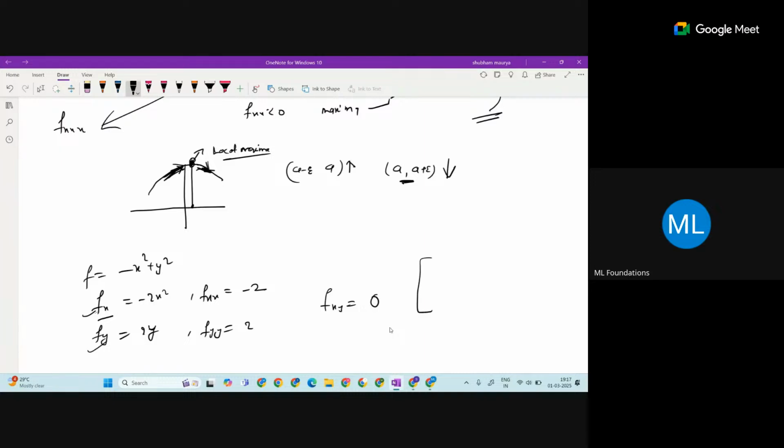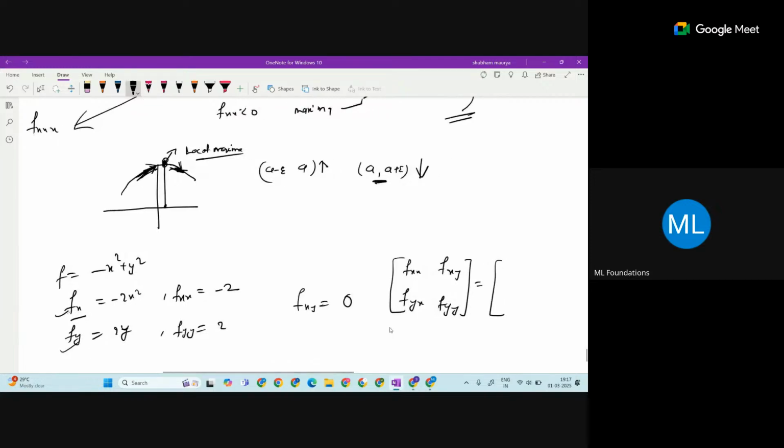So the Hessian is going to be f_xx, f_xy, f_xy, f_yy. It is generally called f_yx, but here it is the same because it is a polynomial. So this is going to be minus 2, this is 0, this is 0, and this is 2.